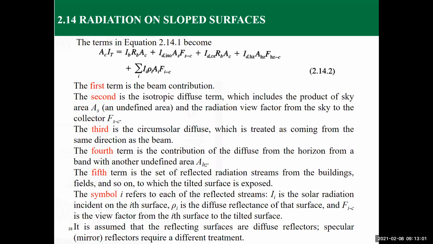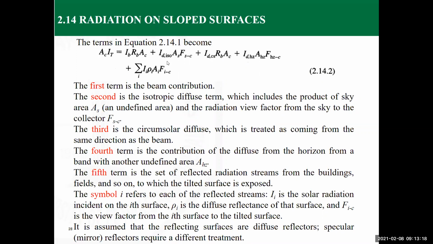Whenever there is radiation exchange between two surfaces, we are looking at the fraction of the energy leaving one surface and reaching the other one, which is nothing but the definition of the radiation shape factor. And that's why the radiation shape factor is coming here.